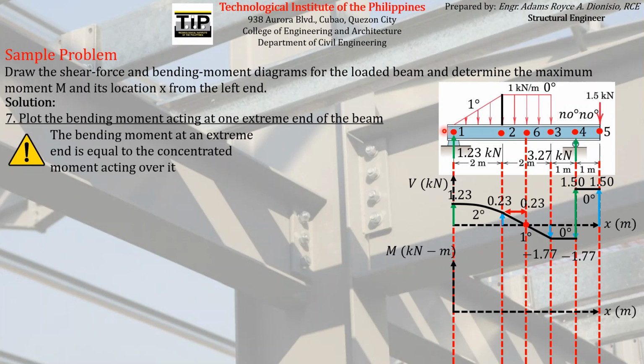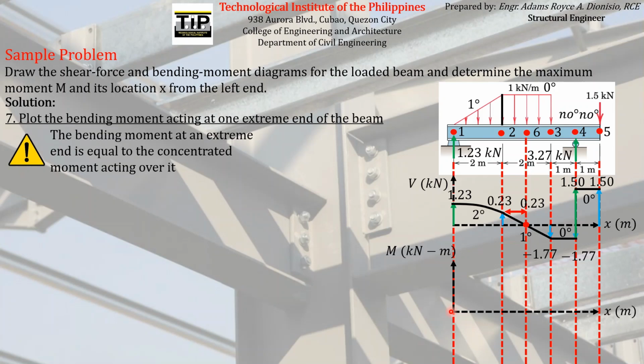And if you notice, there is no concentrated moment acting on point 1. Therefore, the bending moment at point 1 is just equal to 0. So we don't have anything to plot in the first place, because there is no concentrated moment acting on point 1.